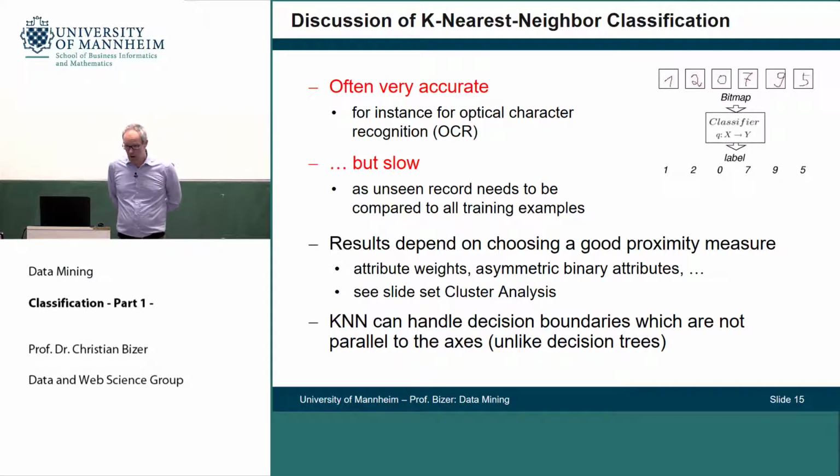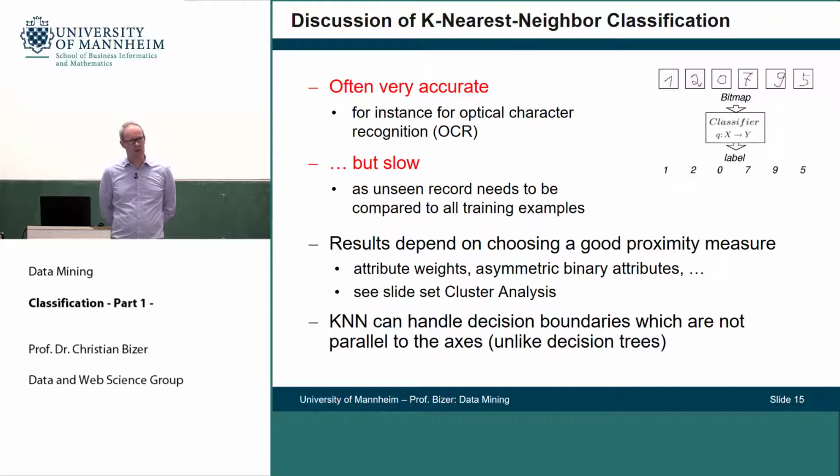So summary about K nearest neighbors classification. It often works quite good. So for instance, for OCR, it's a method that often outperforms even much more complex classification methods.